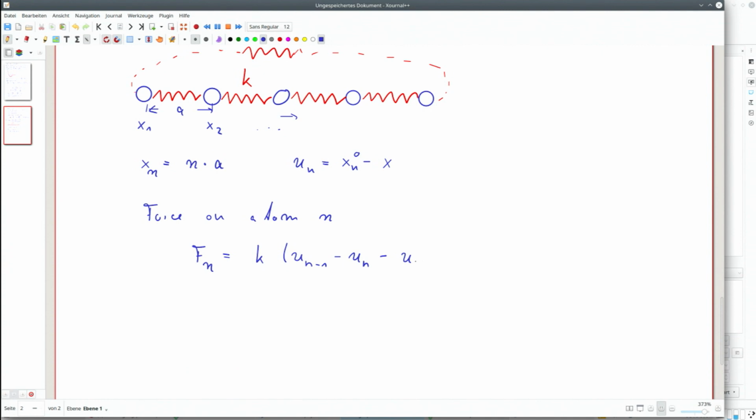So this is the left spring here, and now we have the right spring, which is un plus 1 minus un. So this is the force acting on this atom n here.